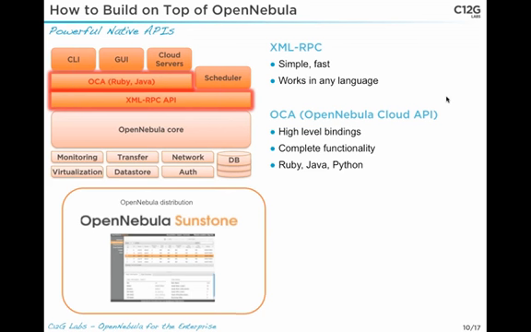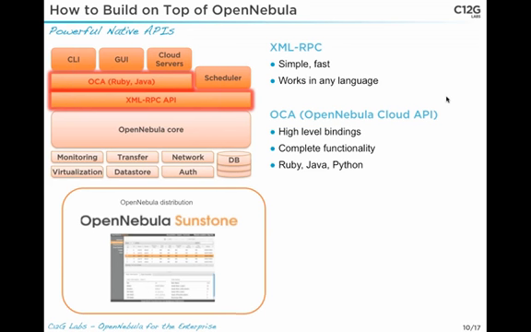The OpenNebula Cloud API comes with it, as I said before, to handle pools and to extract information for certain objects. So it's kind of handy to build applications on top of it.